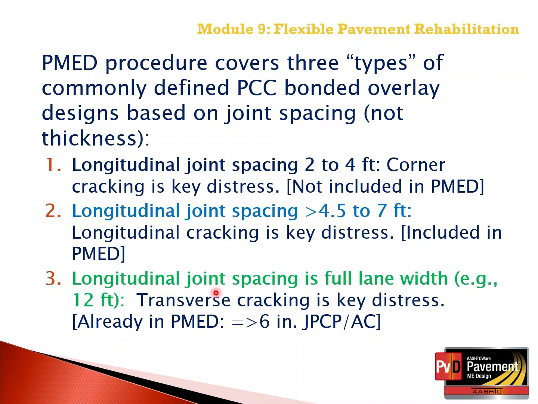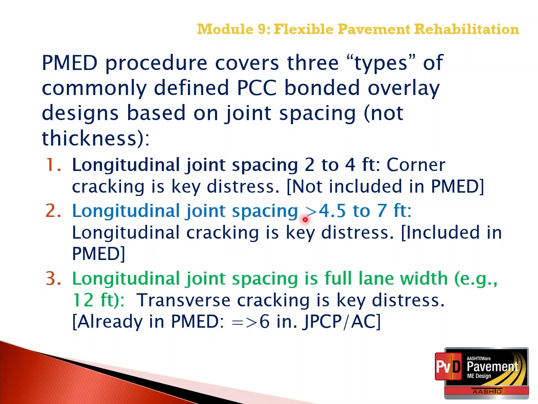Longitudinal joint spacing is full lane width. Transverse cracking is the key to stress. However, this is included in the Pavement ME software, but for the traditional jointed plain concrete overlays of flexible pavements, which are generally greater than 6 inches in thickness. So very short longitudinal joint spacing, 2 to 4 feet, is not considered in Pavement ME.